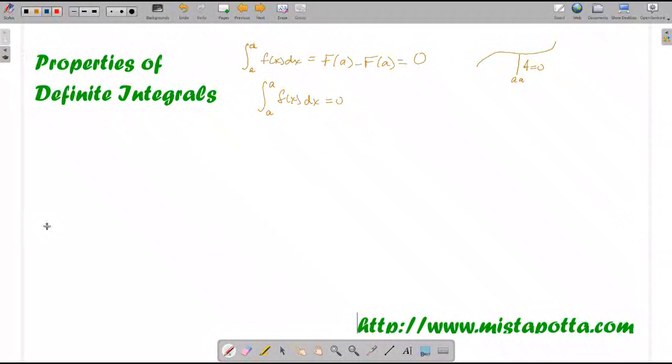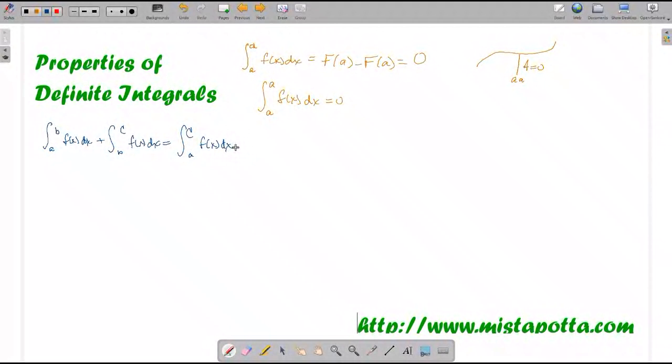One property that we have is that if I want to find the definite integral from a to b of f of x dx, and I want to add it to the definite integral from b to c of f of x dx, I end up with the definite integral from a to c of f of x dx.